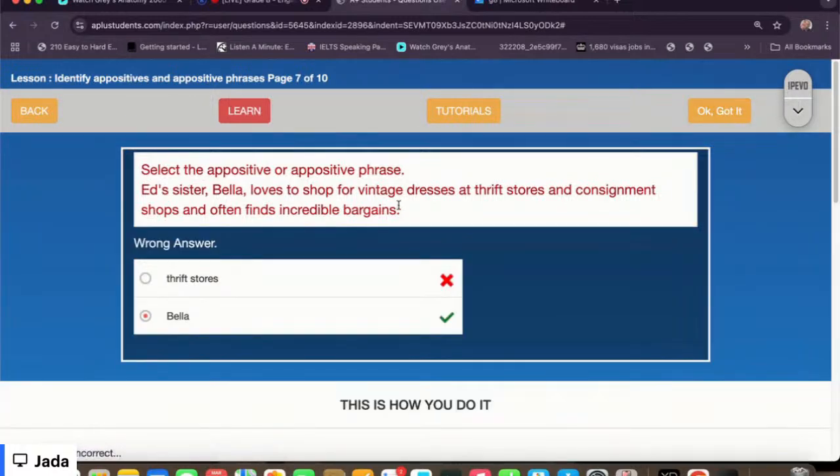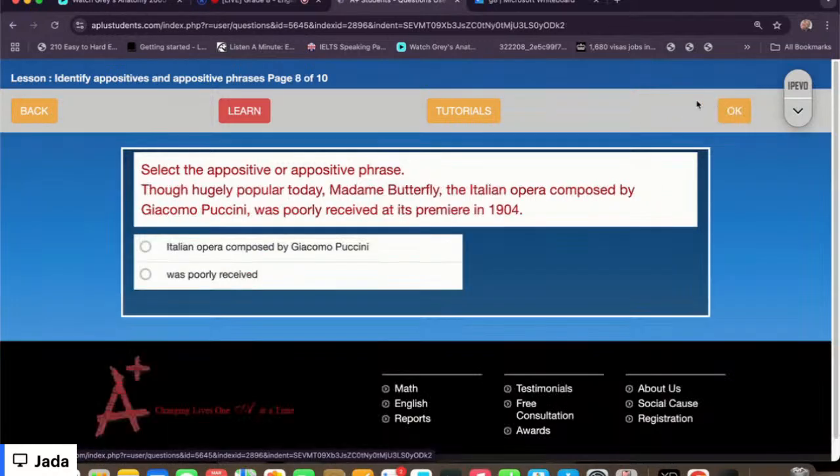If you click on thrift shop, it is wrong, but Bella is the correct one. So you have to make sure you take note of that. Okay. So that's it for our lesson on identifying appositive phrases.